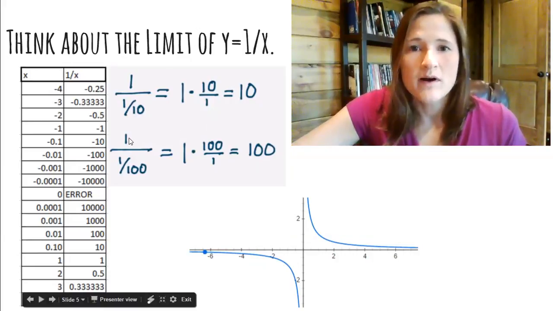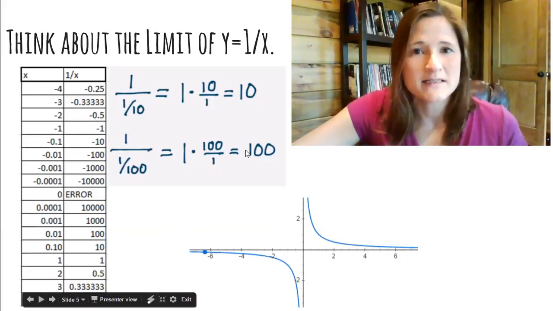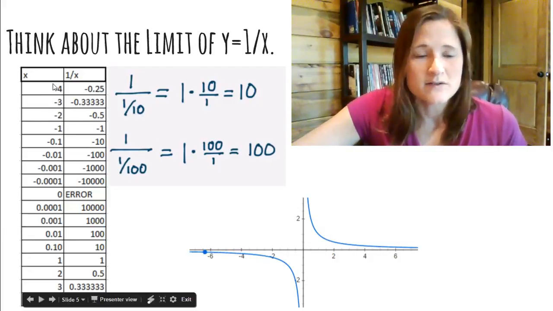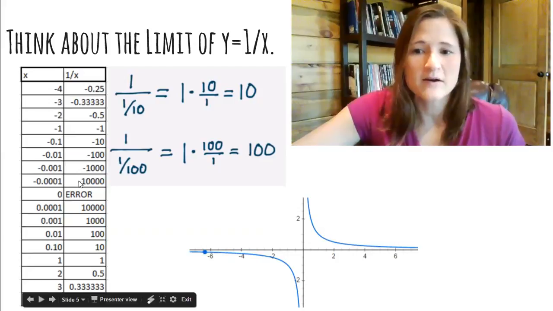Now let's look at 1 divided by 1 over 100. That's the same as 1 times 100 over 1, which is 100. See how when you divide by a smaller fraction, the result is a larger number? That's what causes the phenomenon we're going to see in the graph here.